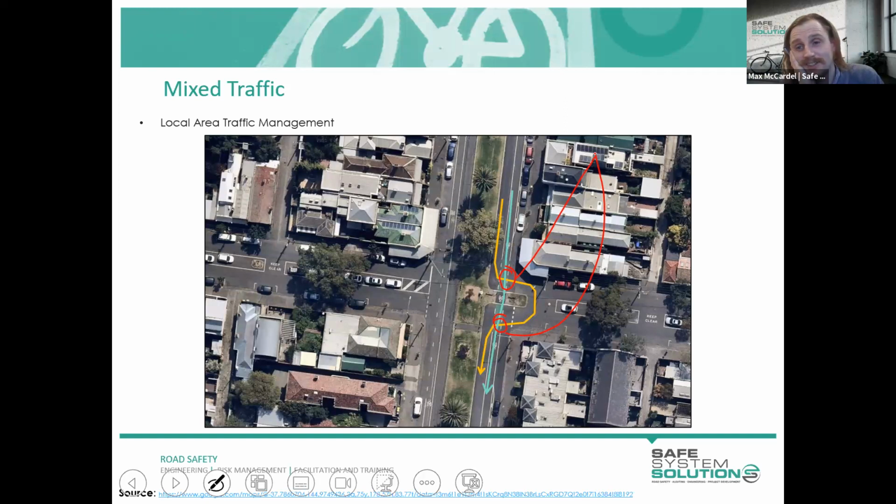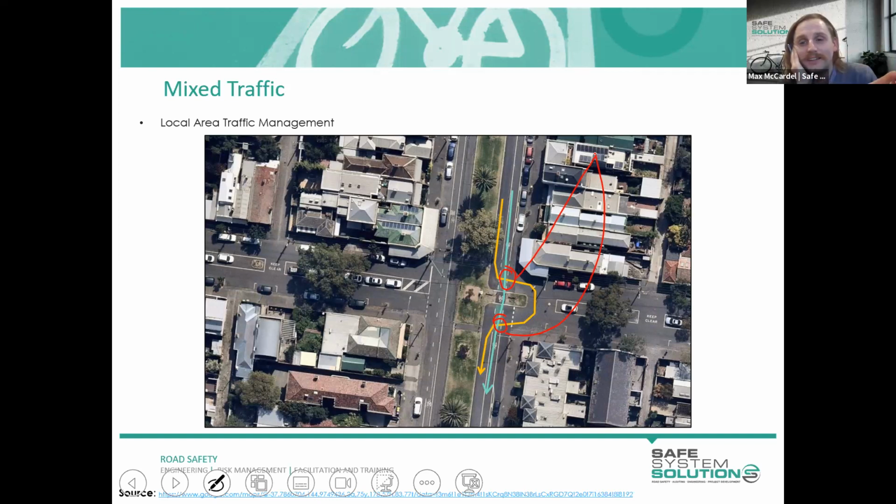So you've basically just created these conflict points, and it's probably a difficult thing to measure, because with this specific facility, the reason that it was implemented is that this was a common rat run, a way to get in and out of the city and get to your main arterials.